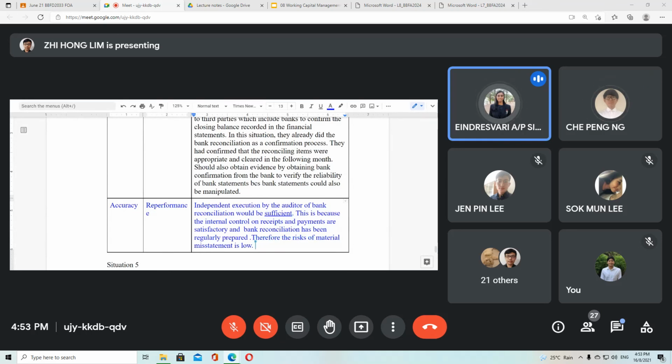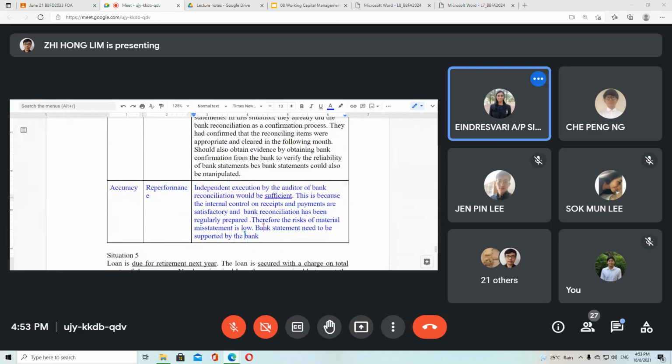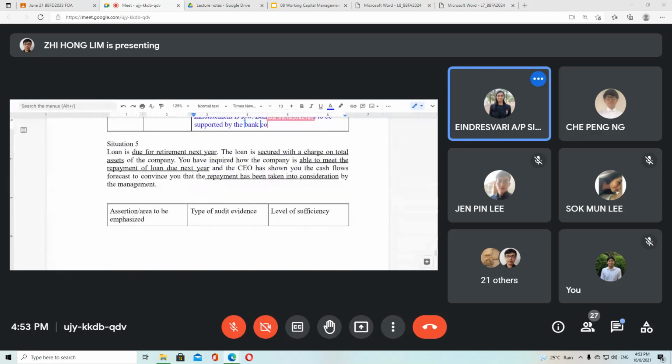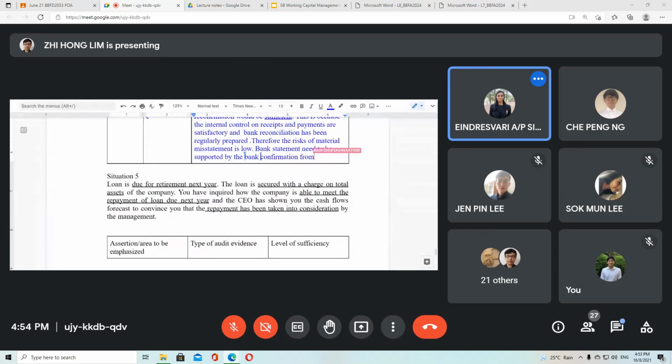Bank statement should be supported with the bank confirmation letter from the bank. Next.